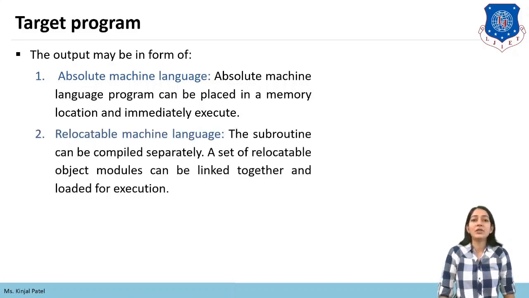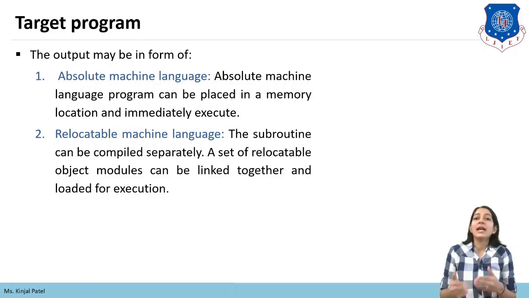Then relocatable machine code. So the subroutines can be compiled separately. Now a set of relocatable object modules can be linked together and loaded for execution. Meaning if subroutines are separately divided into different modules, then the compiler will compile the different modules in different parts.